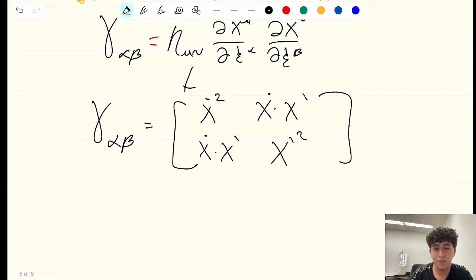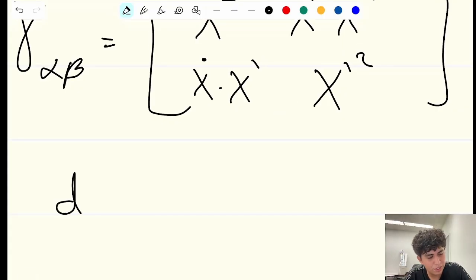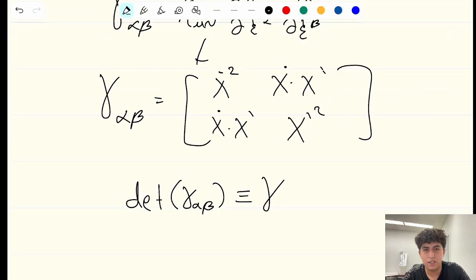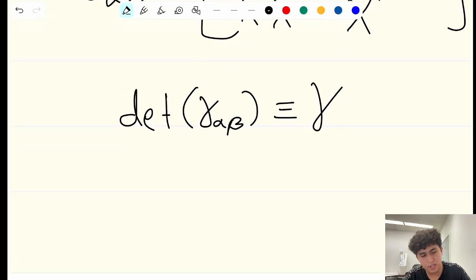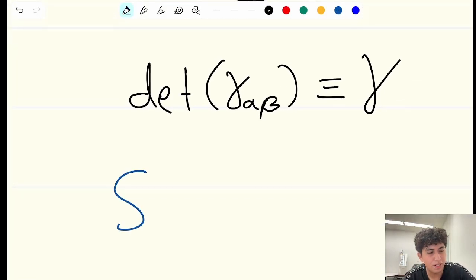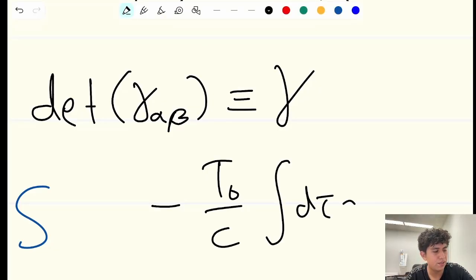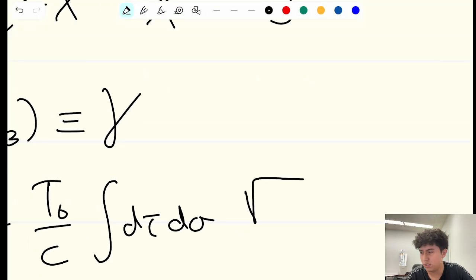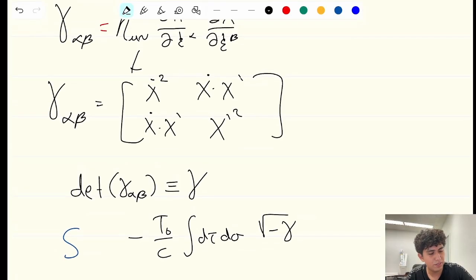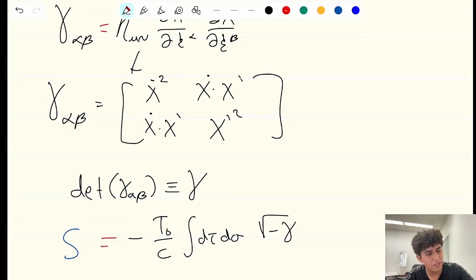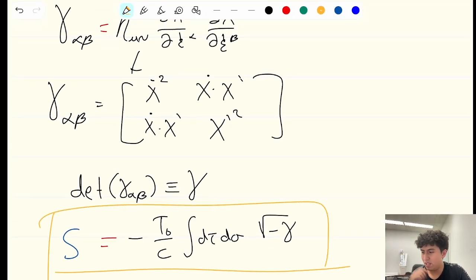If you take the determinant of this, it is defined to be gamma, and the most famous form of the Nambu-Goto action for a string is the following: the integral d tau d sigma of the square root of minus the induced metric determinant.